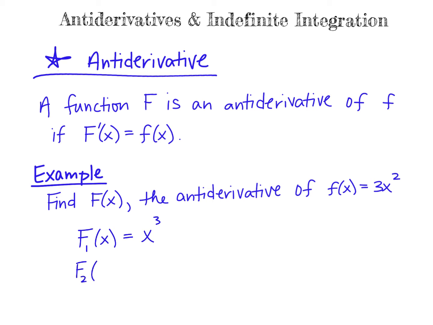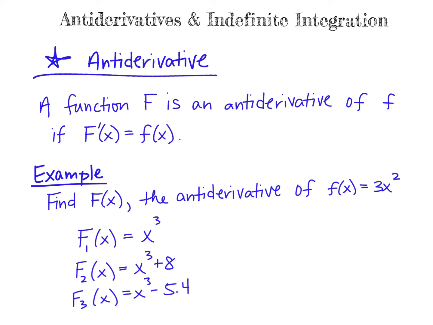Another possibility, which I'll call f sub 2, was x cubed plus 8. A third possibility could be x cubed minus 5.4, right? Because all of these have the same derivative of 3x squared.